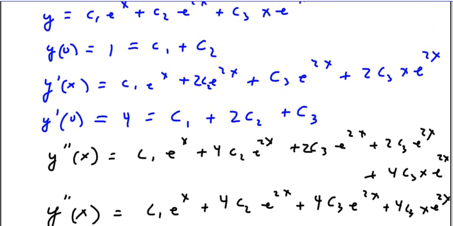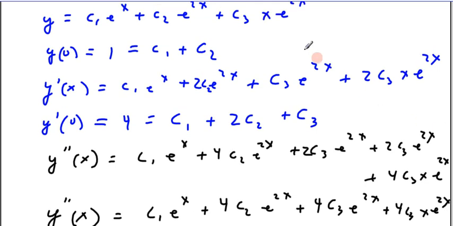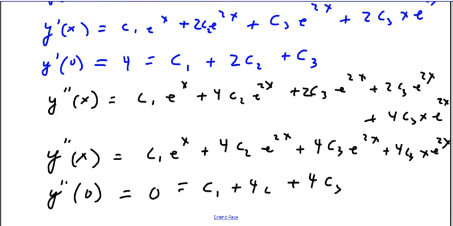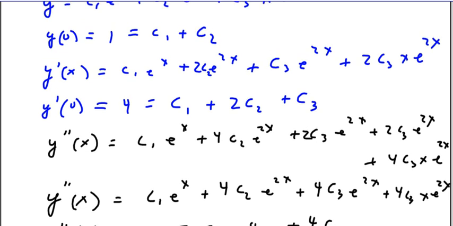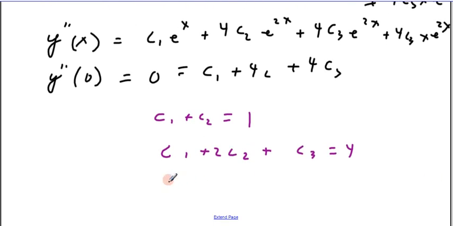All I have to do is remember what they are. c1 plus c2 is equal to 1. c1 plus 2c2 plus c3 is equal to 4. And c1 plus 4c2 plus 4c3 is equal to 0.